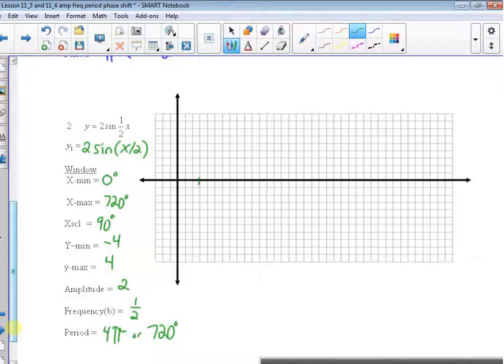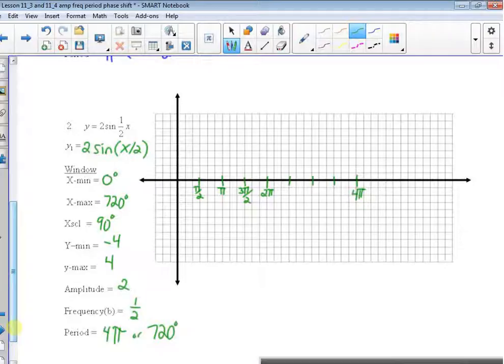So I'm going to go like this. I'm going to start with pi over 2, pi, 3 pi over 2, and 2 pi. Now up top here, we need to keep this going: 1, 2, 3, 1, 2, 3, 1, 2, 3, 1, 2, 3 to 4 pi.